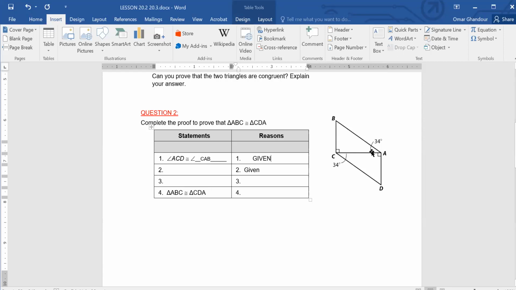Angle BCA is equal to angle DAC, right? So here angle BCA is congruent to angle CAD. Again given. And what is equal to what? As we said, the side AC is equal to AC. Why? Reflexive property.